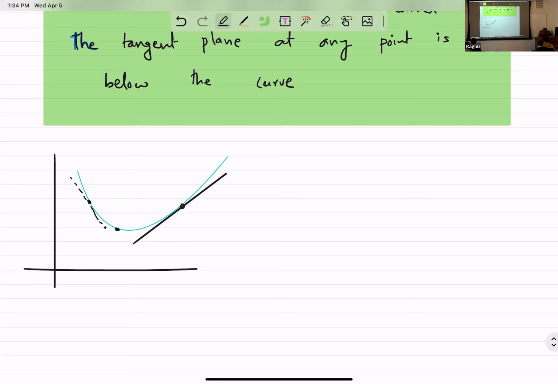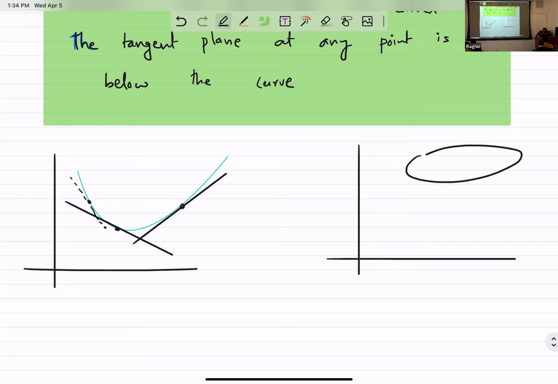Take any point, draw the tangent line. It's below the curve. And in 3 dimensions, something similar happens. Imagine you have a distorted bowl kind of surface which is going up, and for any point, if I draw the tangent plane, this entire plane is below the surface of the curve.